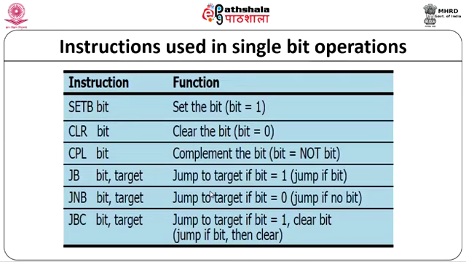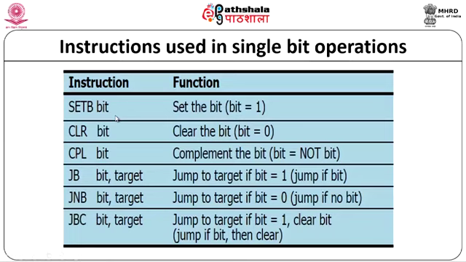But now we need to know that not only the port, a single bit also can be addressed, accessed or processed in this 8051. This can be done through statements like SETB, which tells you the bit. For example, if I am making it P3.1, then SETB P3.1 says that P3.1 equals 1.